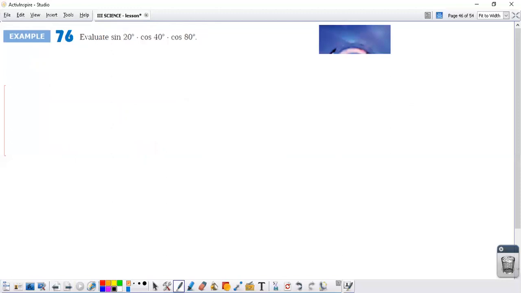Okay, for example 76, we have to evaluate sine 20 degrees times cosine 40 times cosine 80.